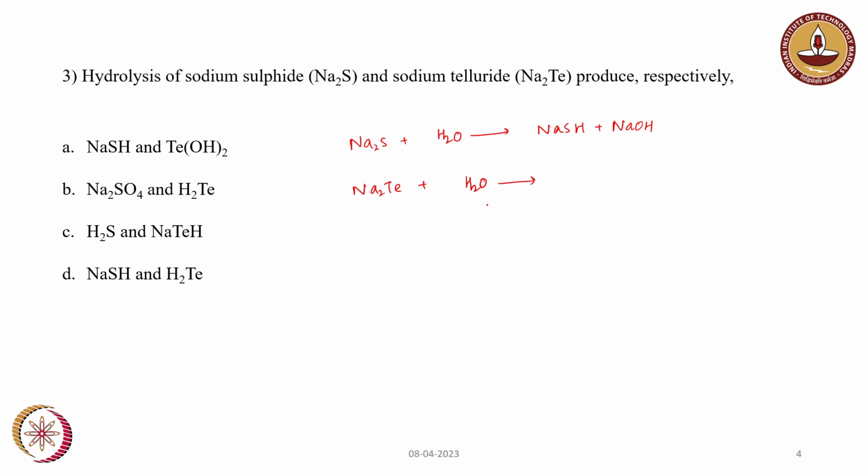For tellurium, the degree of hydrolysis is very high compared to sulfur, so it will be completely hydrolyzed to form H2Te and NaOH. So there should be 2 H2O, so 2 NaOH. So for sodium sulfide, NaSH is the hydrolysis product, and for Na2Te, H2Te is the product. So option D is the answer.